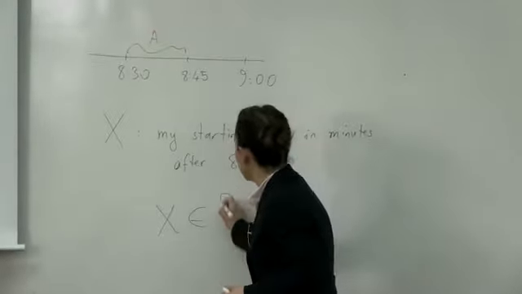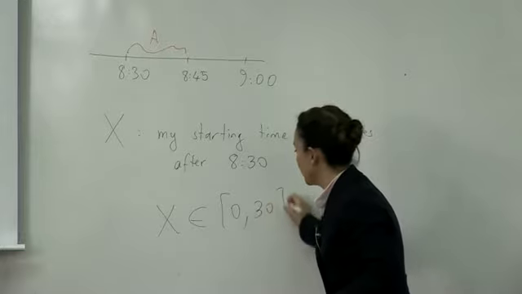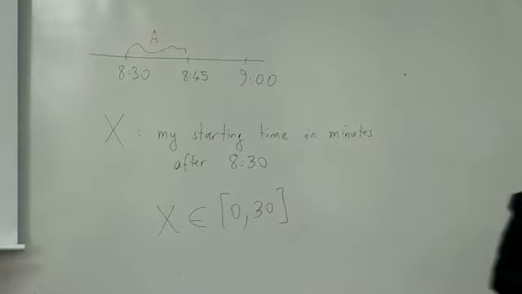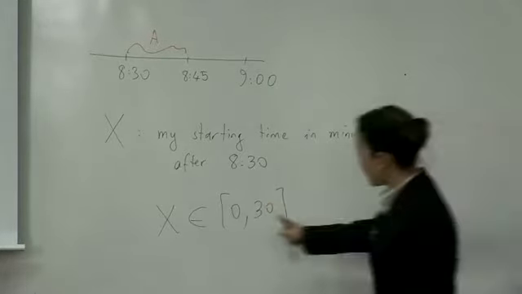So X is in between 0 and 30 minutes. If X is 0, it means I start at 8:30. If X is 15, it means I start here. If X is 30, it means I start at 9.